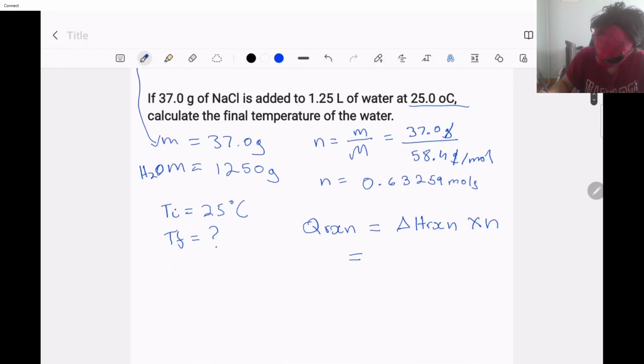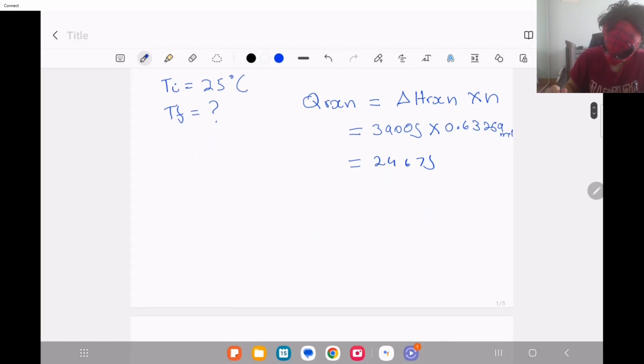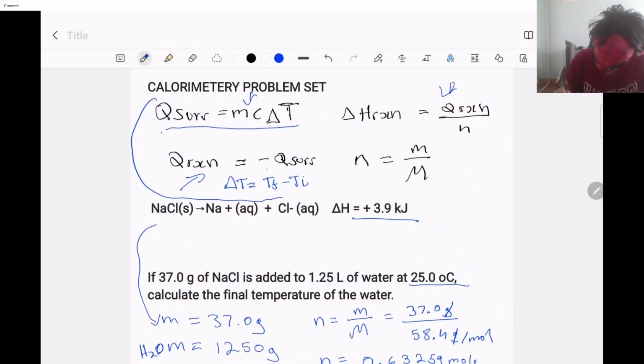We will convert it to joules: 3,900 joules times 0.63259 moles. And this gives us 2,467 joules.